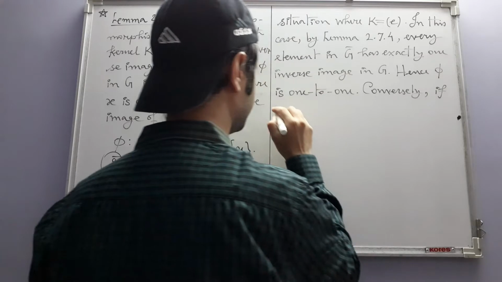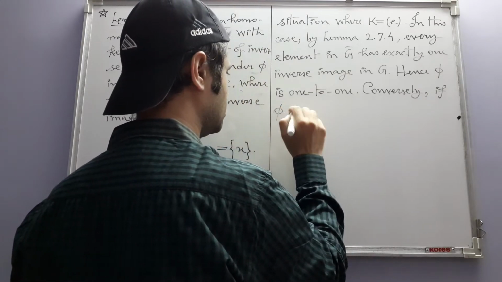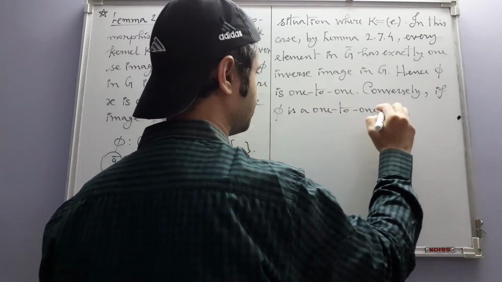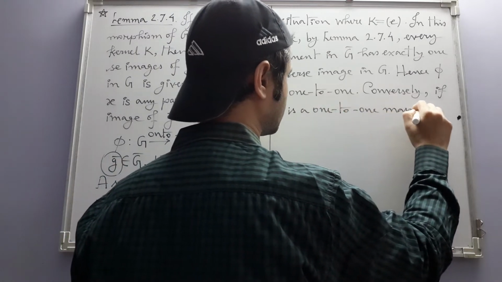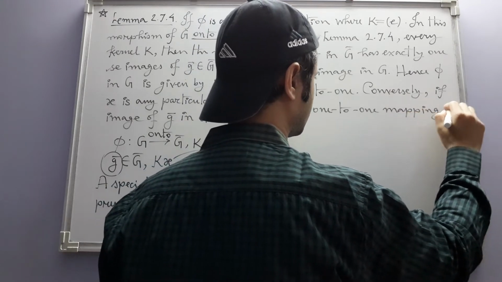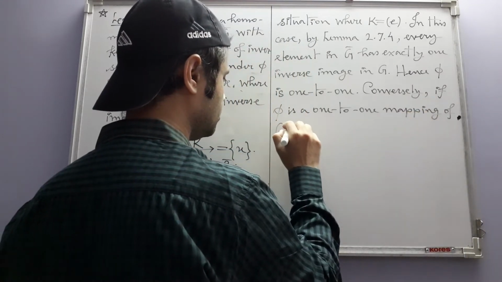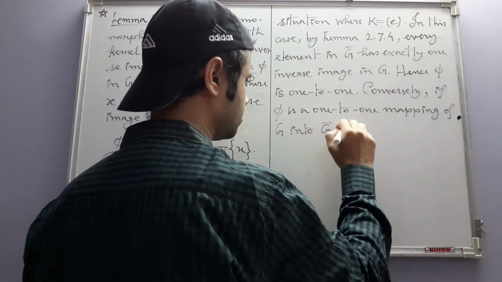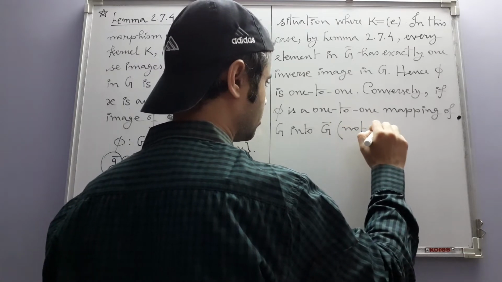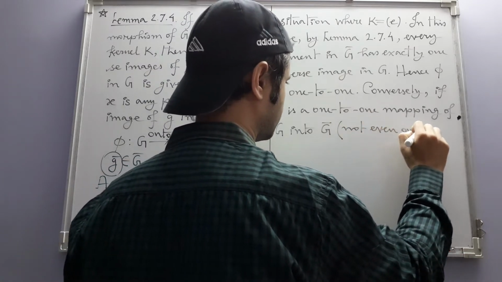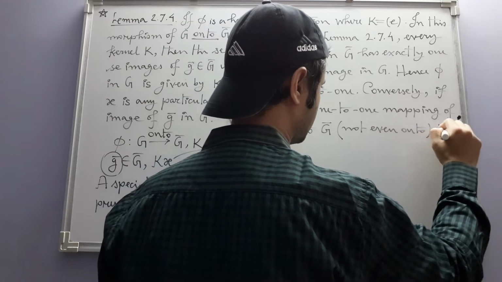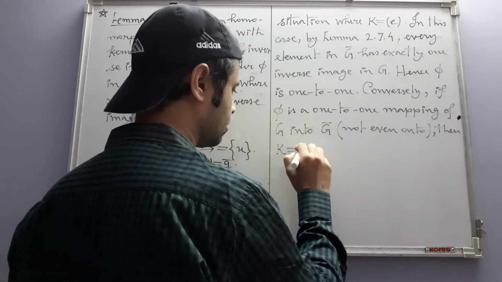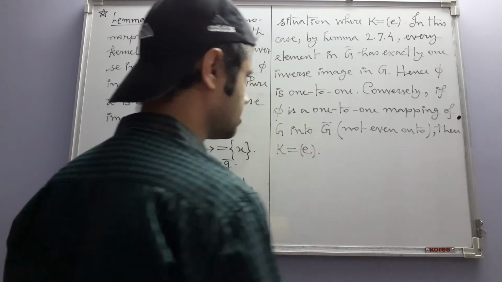Conversely, if phi is a one-to-one mapping of G into G bar, not even onto, then the kernel of phi is this.